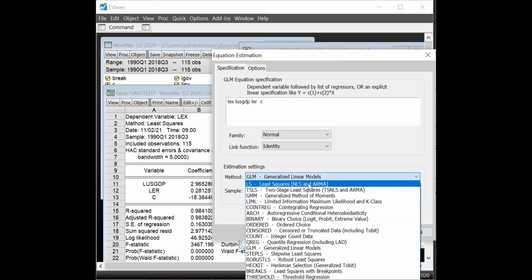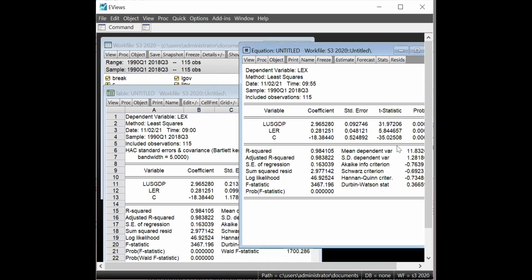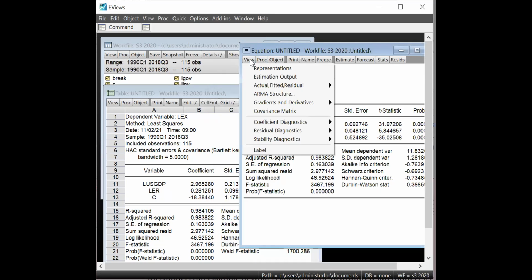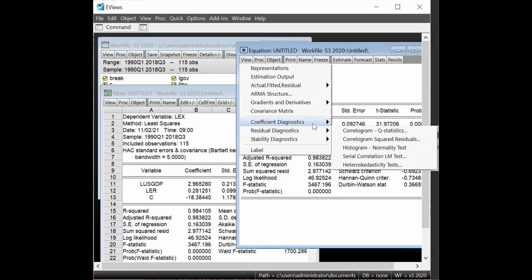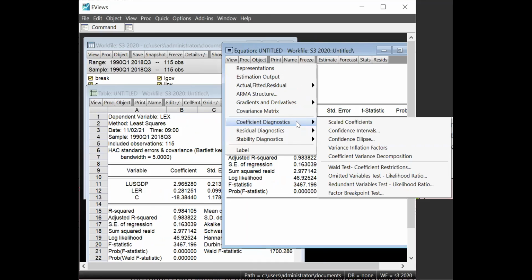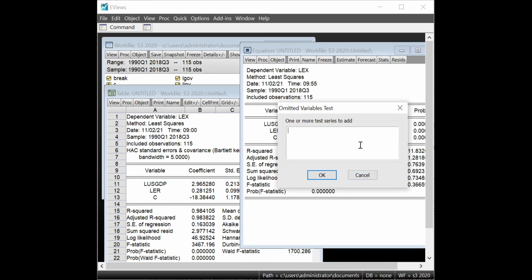This is the linear regression model, and then we have the omitted variable test. One more test: we add a series, for example, here.